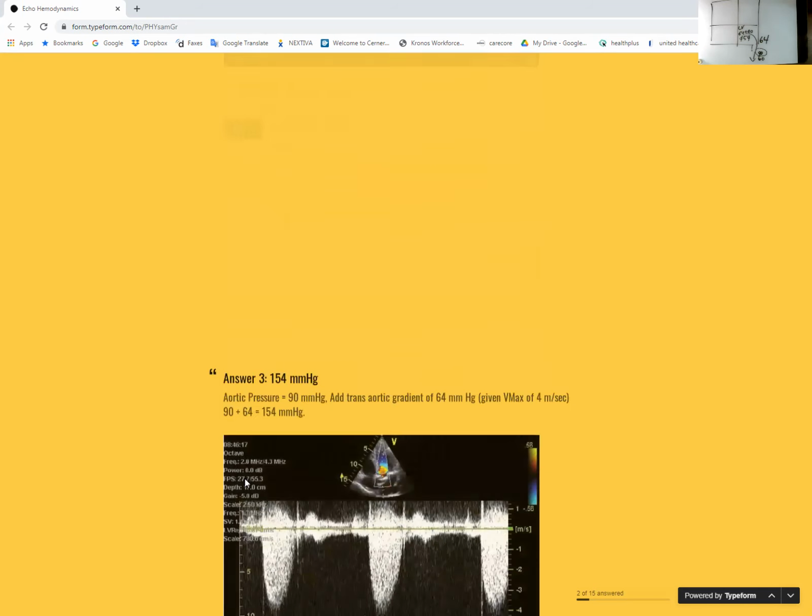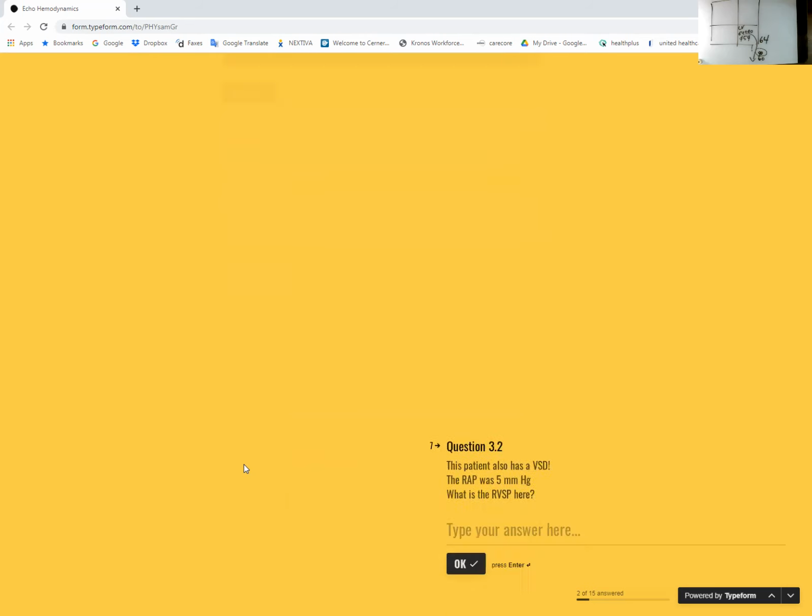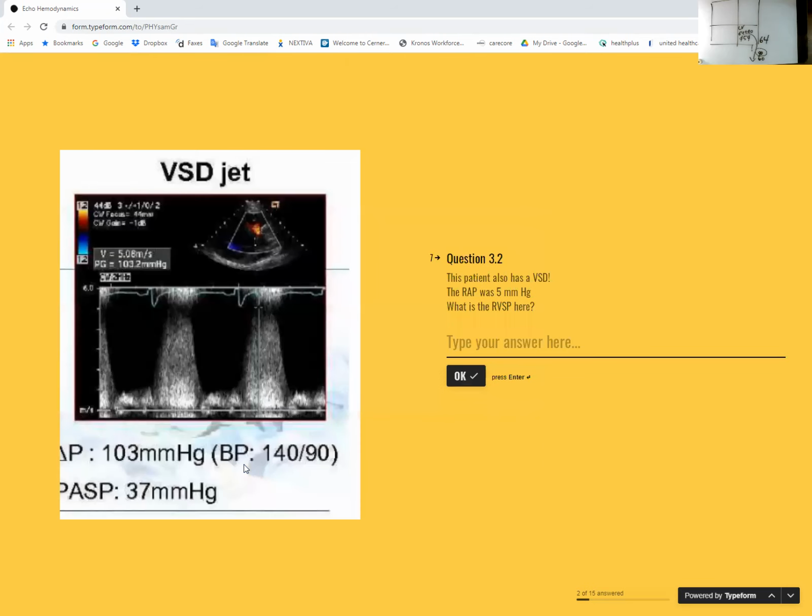All right, great. Okay. So this patient, guess what? Also has a VSD. So let's do our numbers. What is the RVSP here? Is this the same person? Same person, yes.